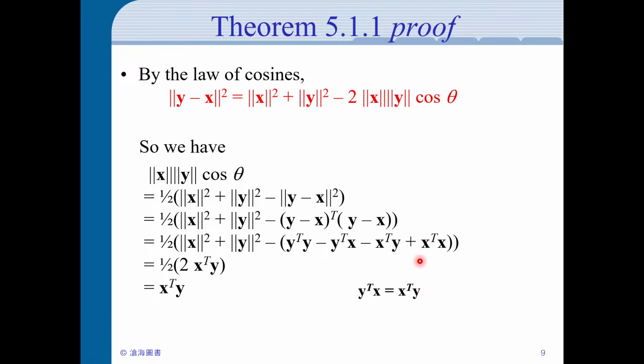So x^T y equals y^T x, and so we just have twice x^T y, and so it's x^T y here. And so this is what we want to prove: the inner product between x and y equals x length times y length times cosine theta. Okay, so that's how we use the inner product to find the angle.